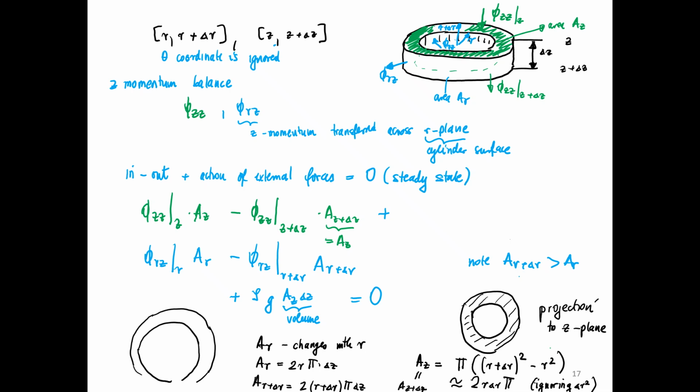Now I have to have my phi, which combines all of the components of momentum or stress transfer everywhere. I have the hydrostatic component, which is the pressure one. I have the viscous component, that is the tau, the viscous stress tensor.